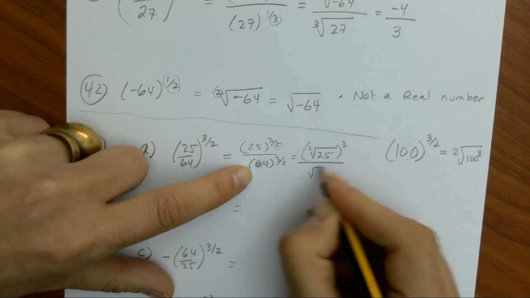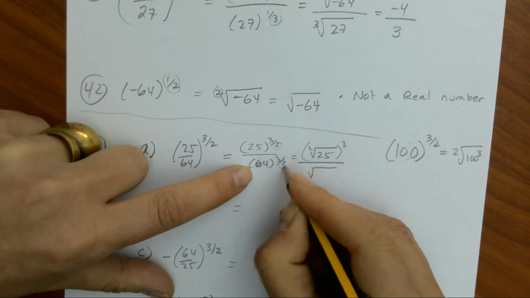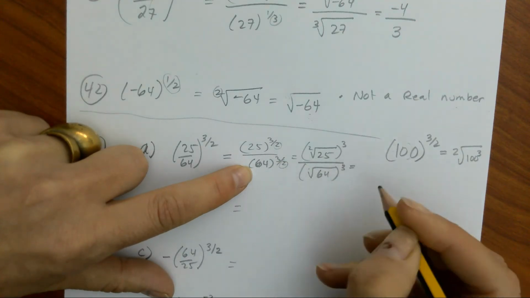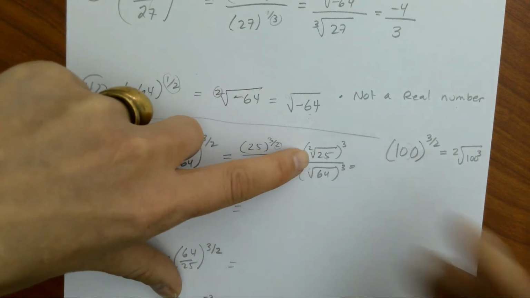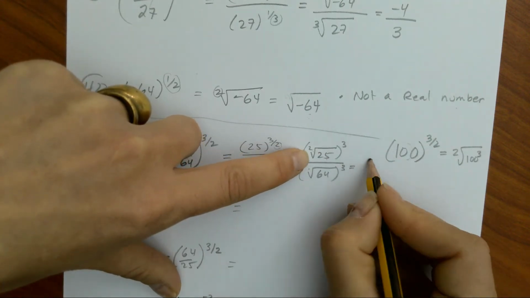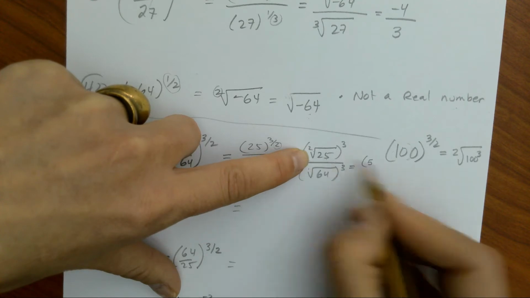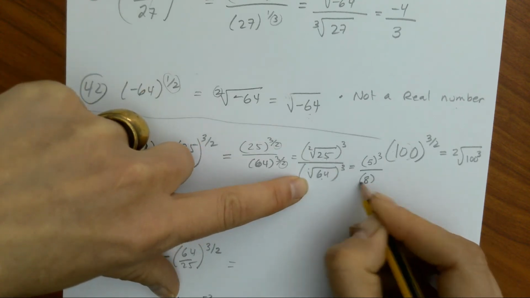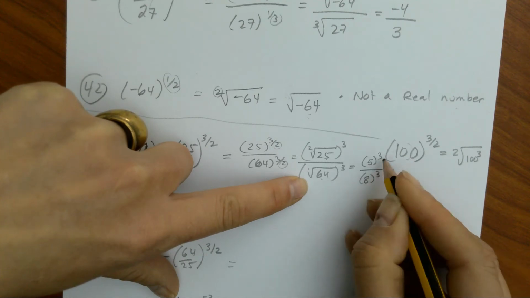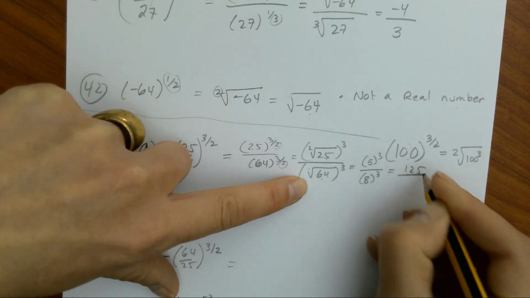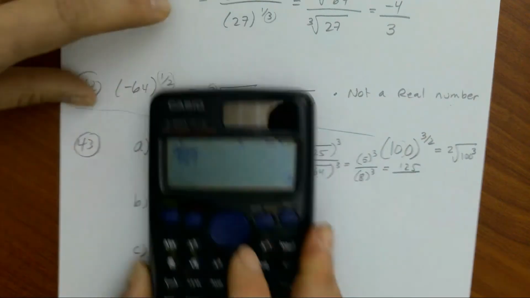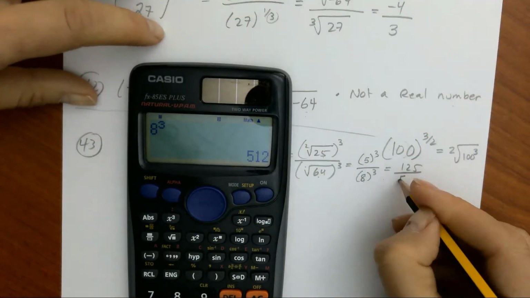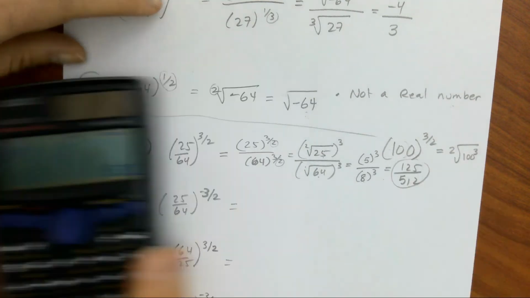So this is the square root. When there's a 2 I don't have to write it. So the square root of 25 is 5, because what times what is 25? 5. What times what is 64? 8. Then 5 times 5 times 5 is 125, and 8 times 8 times 8 is, I don't know. There. So that's the answer for this one.